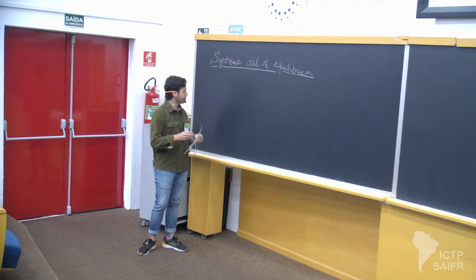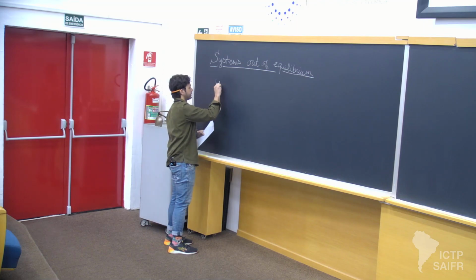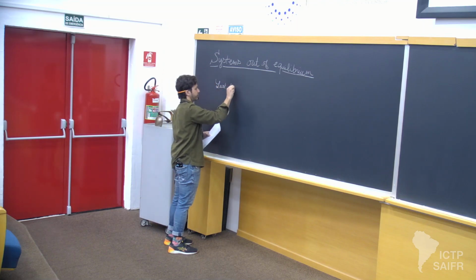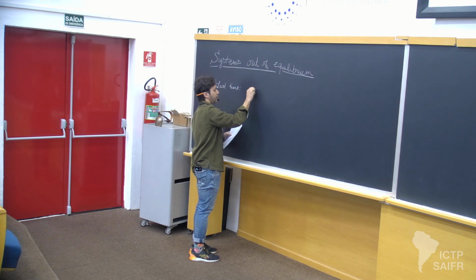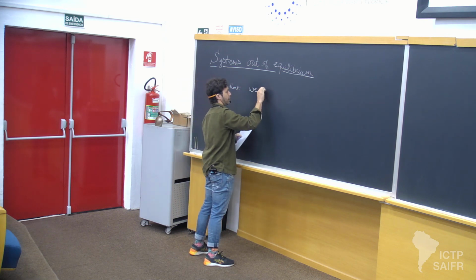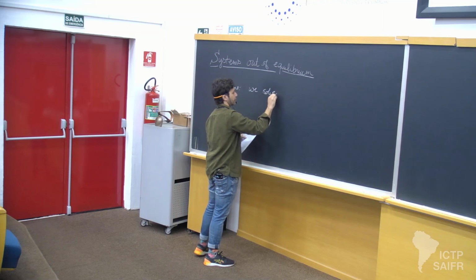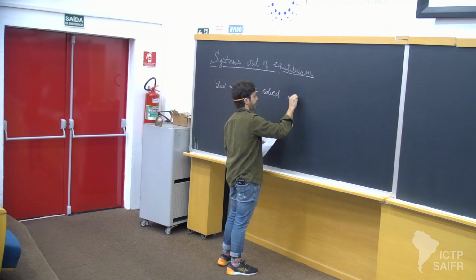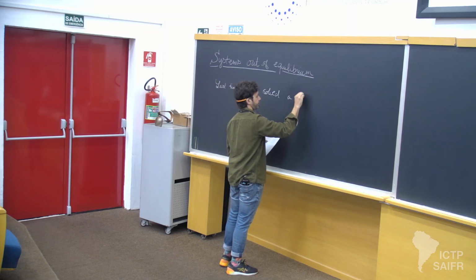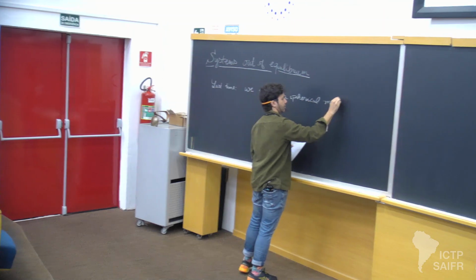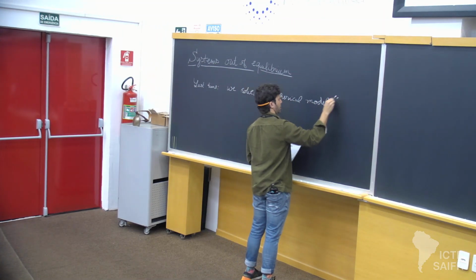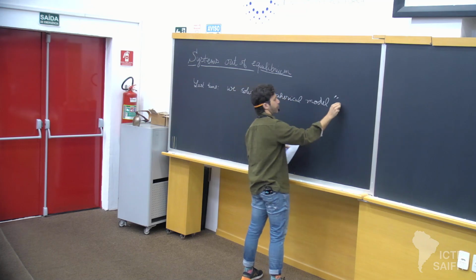And I just want to remind you, last time we solved what I call a spherical model of a ferromagnet.